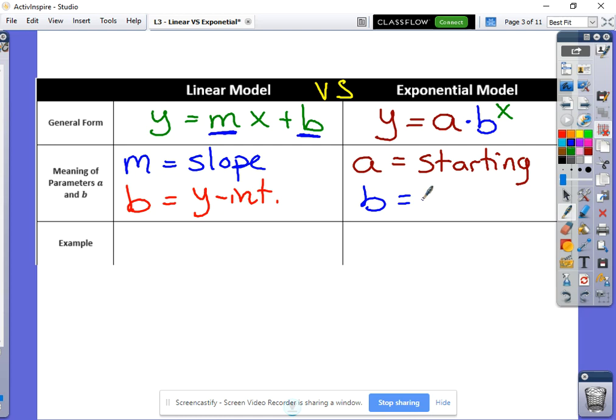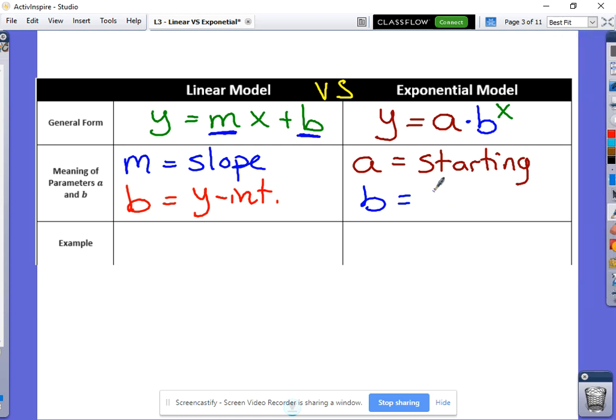The b value in exponential is what we call the rate of growth, or our growth rate. Have you ever heard someone say, hey, the money is doubling or the population is doubling? That word doubling or tripling or quadrupling, what they're talking about there is their growth rate.